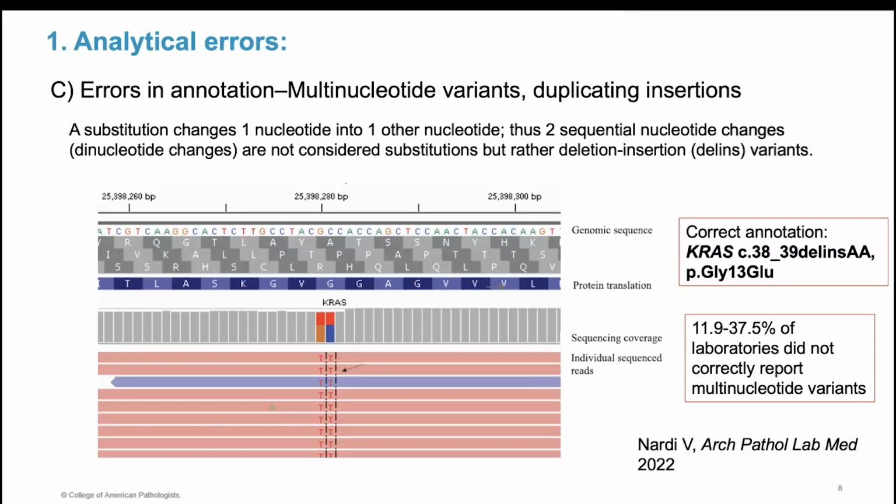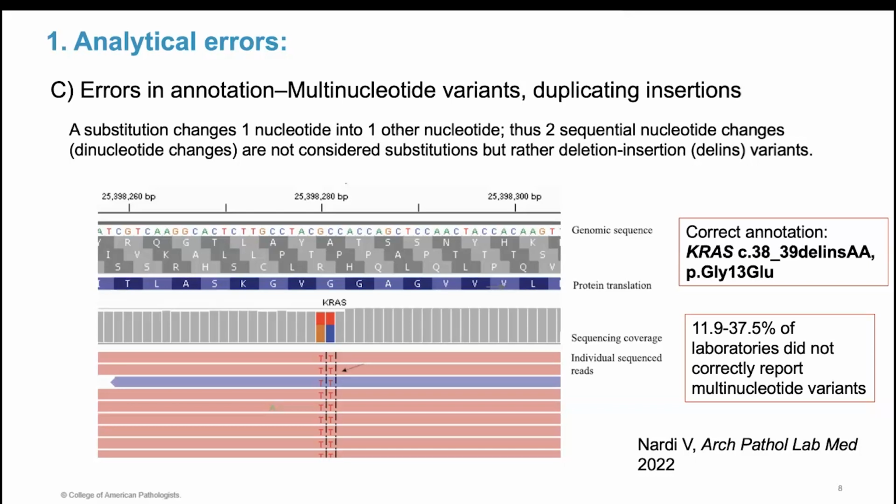In these types of errors, the laboratory detected a variant but annotated it incorrectly, which still is considered an error in proficiency testing. Most of the time, this may not have any clinical impact, but in the vignette I showed you, it actually does.